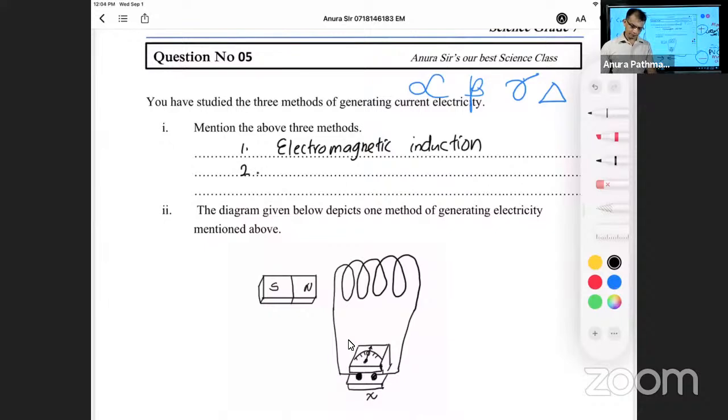Second, chemical reaction, a chemical process. Third, solar cells.